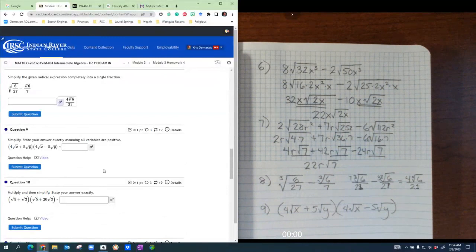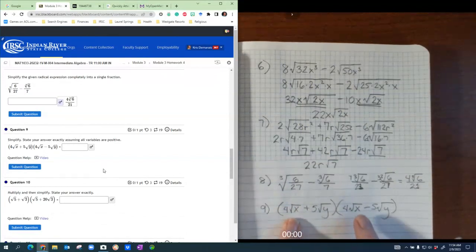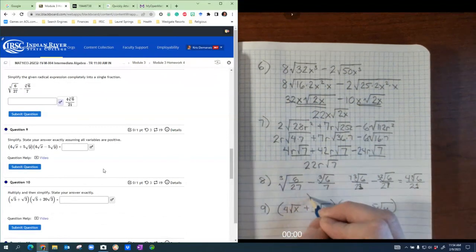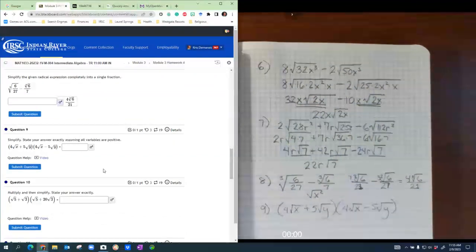Whenever you multiply a radical against itself, the contents of the radical come out of the radical. You should know that radical x times radical x actually equals radical x squared.